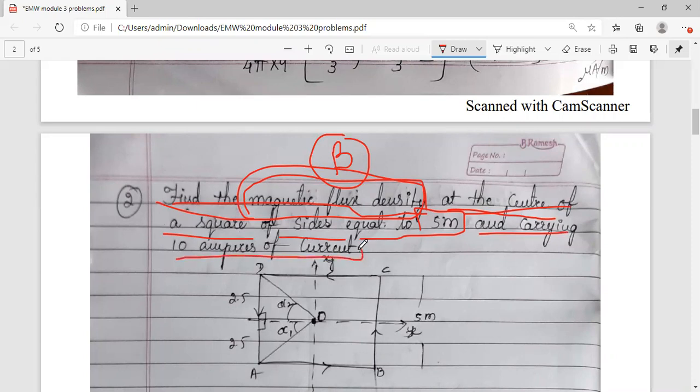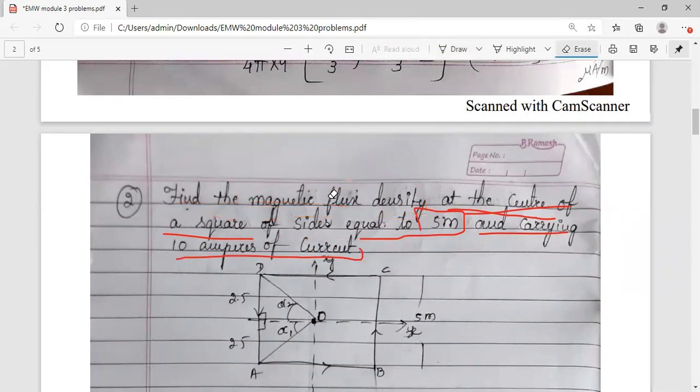So current given is I equals 10 amps. So this is the given thing. Any other information? No. They have not specified where this square is placed in space. So you have complete freedom of choosing your own space.